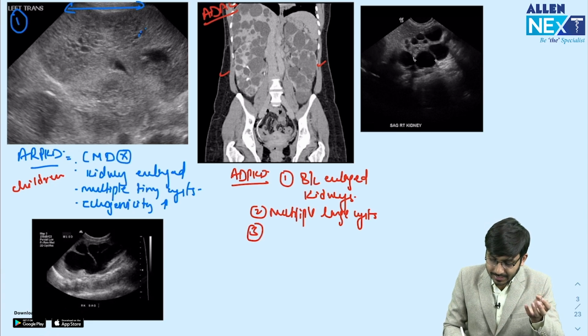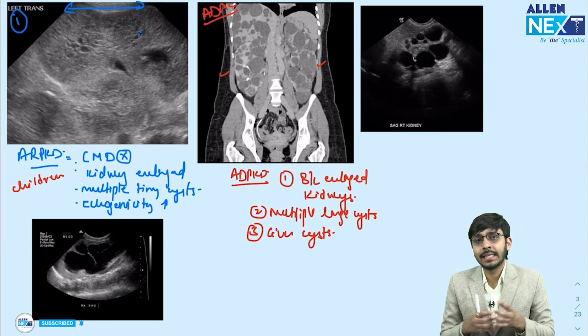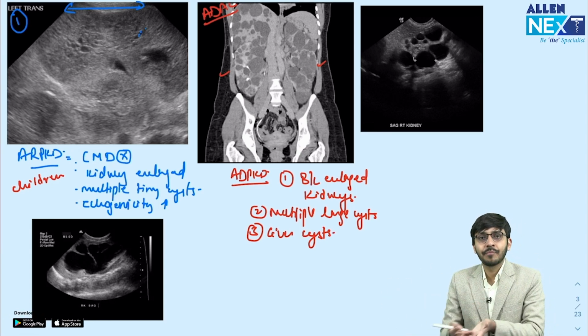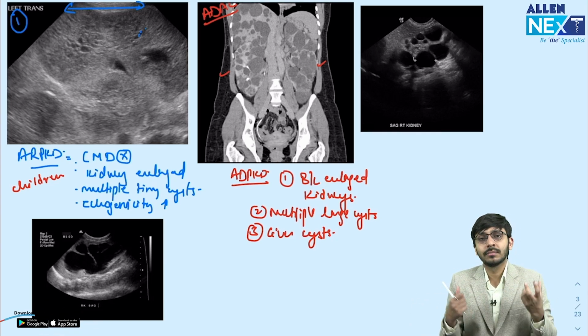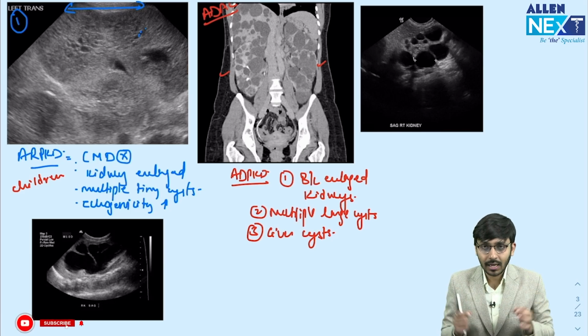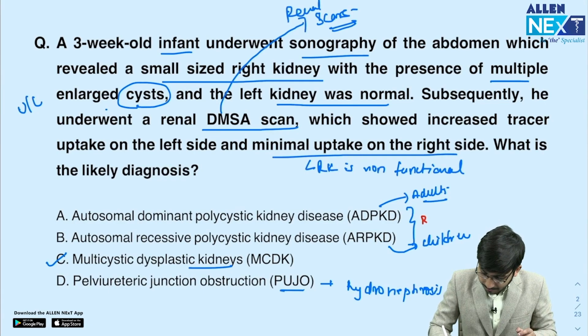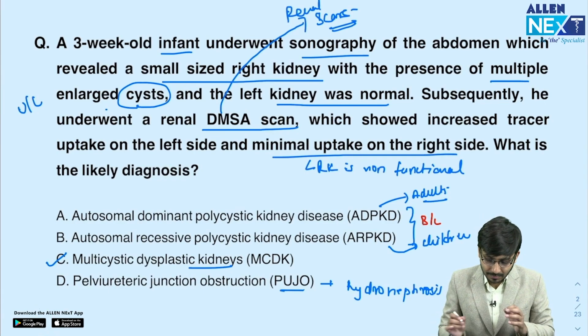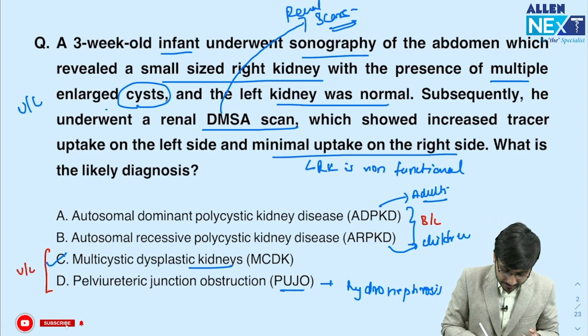And we also see associated liver cysts. So liver cysts along with bilateral kidney cysts are seen in ADPKD, whereas in ARPKD, usually congenital hepatic fibrosis and berry aneurysms are the things that are seen. Now, both ARPKD and ADPKD are bilateral diseases, whereas multicystic dysplastic kidney and PUJ obstruction are usually unilateral diseases.